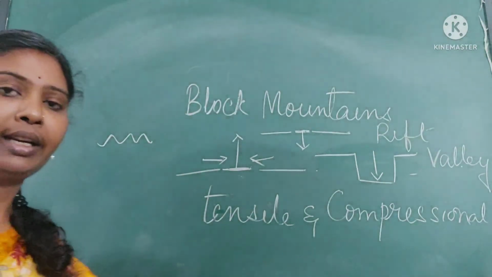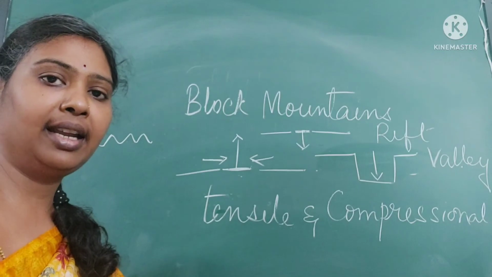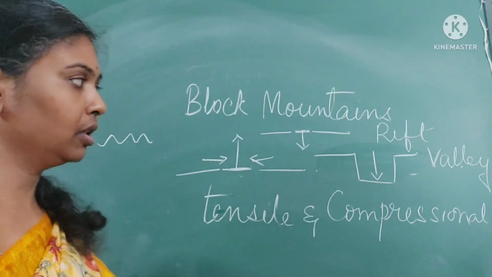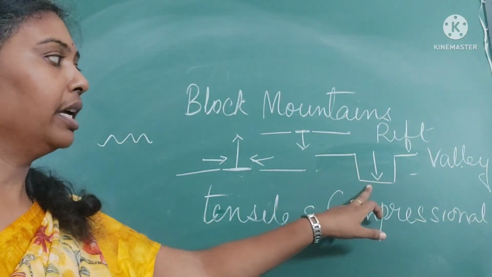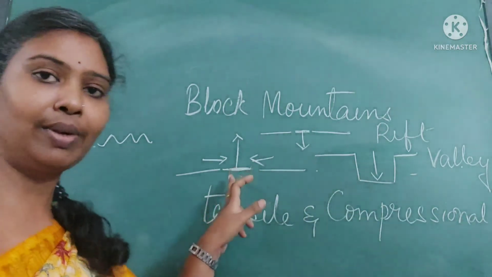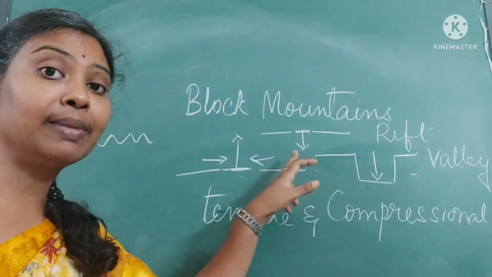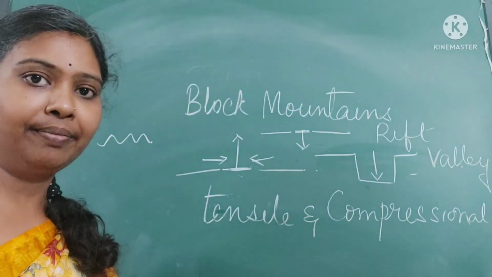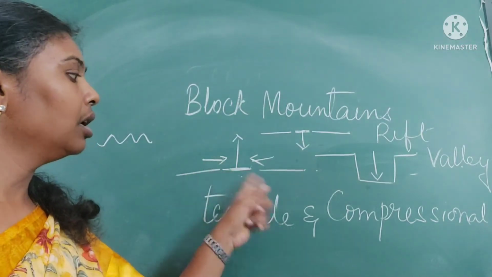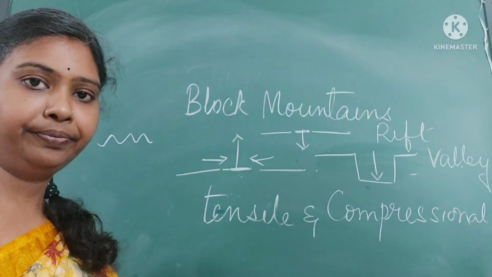We have two big rift valleys in the world, one in Africa and the second one in Australia. This becomes a block mountain when it is pushed up, and when it is pushed down, this becomes a rift valley, all because of the tensile and compressional forces.